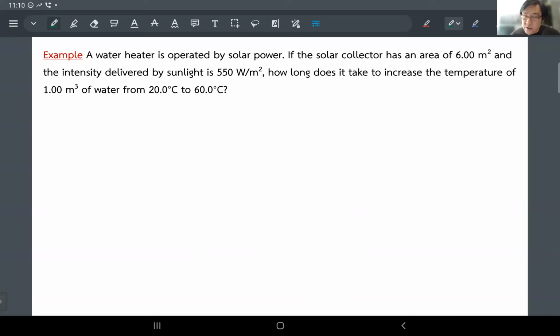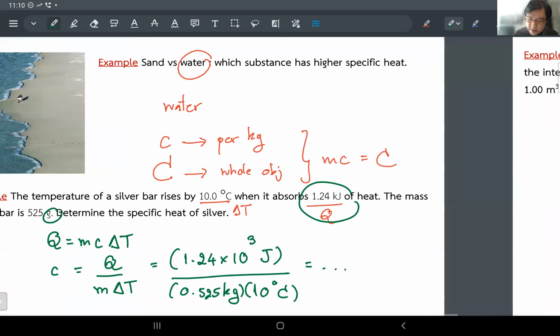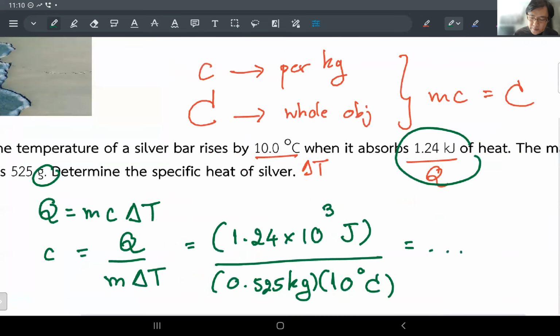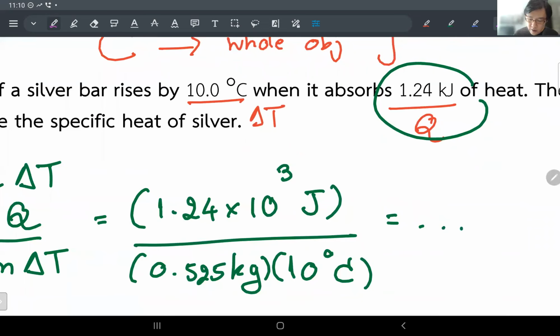Okay, that's a good question. So there's a question about the units. Let me go back, just to make sure that you guys are okay with the units over here. So every time you have the delta T, this one works in both Kelvin and Celsius scale.